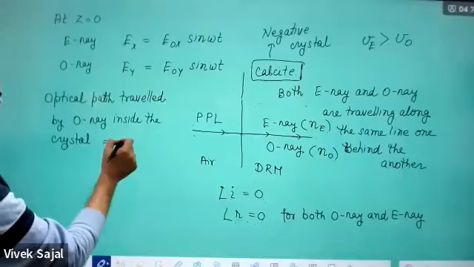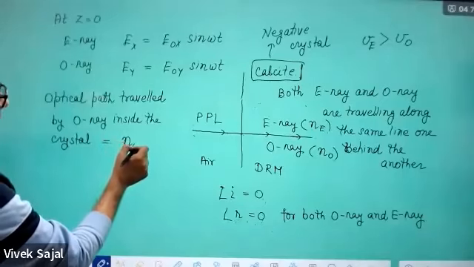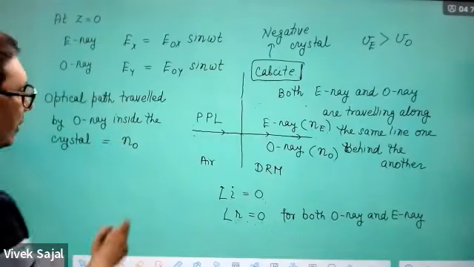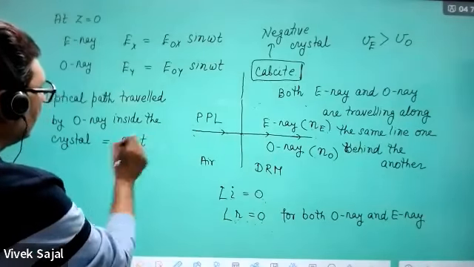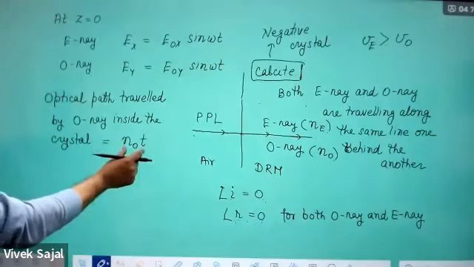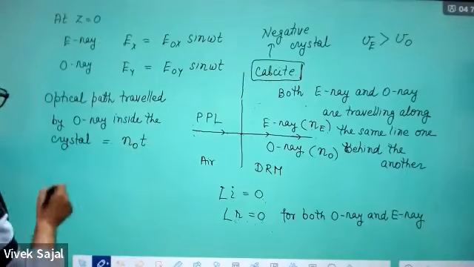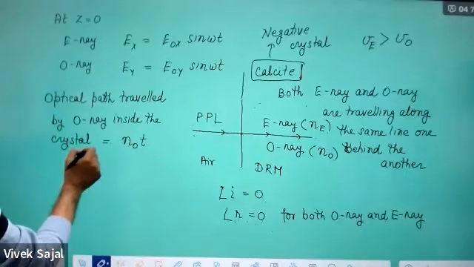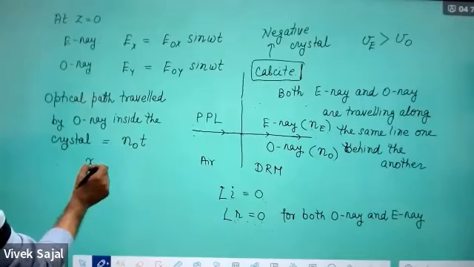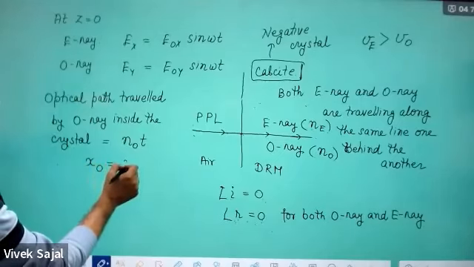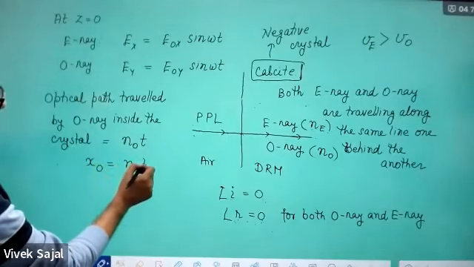You can say this will be the refractive index of the medium for O ray into distance traveled, that is T. This is the optical path traveled by the ordinary light. ठीक है? So you can write XO. This is No T.